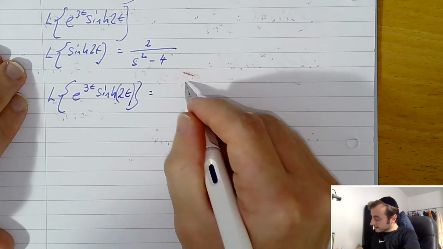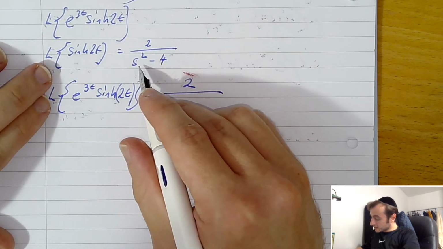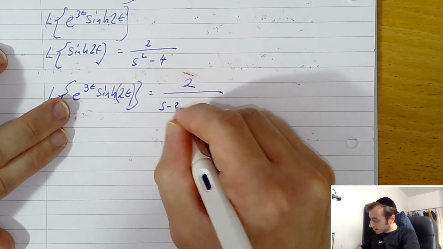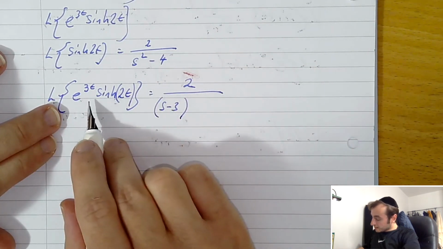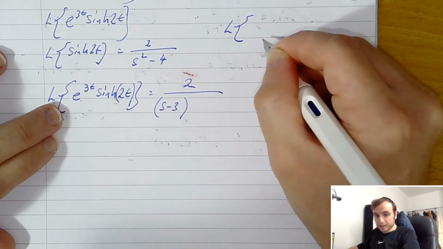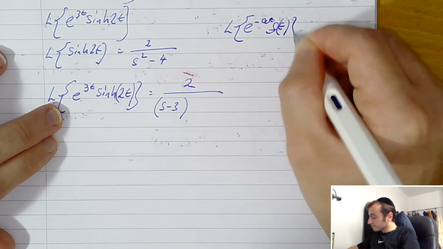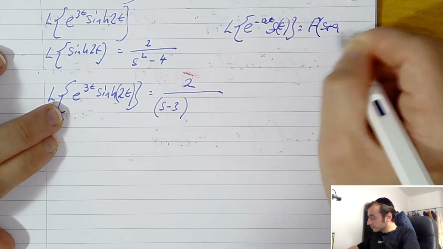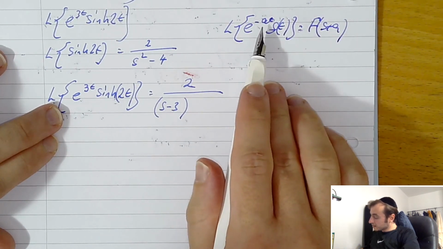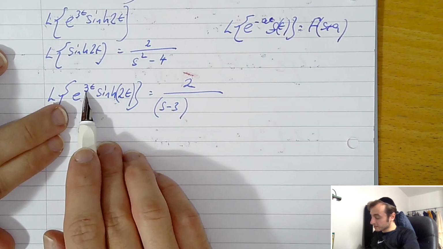You start to see a pattern here now. There's just going to be 2 on, well, we're replacing s with s plus a. In this case, it's going to be s minus 3. And the reason it's going to be minus 3 is because the shift theorem states e to the minus at f of t equals f of s plus a. Yeah. So e to the positive at is going to be f of s minus a, and a here is 3.